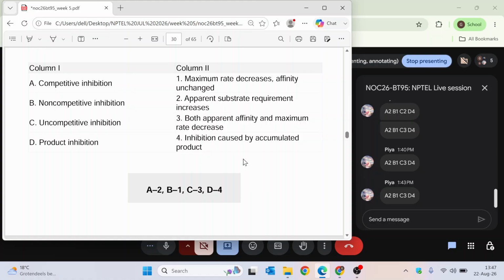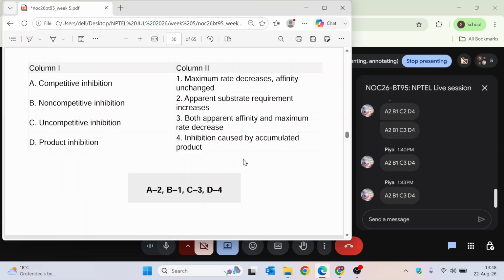And when we talk about product inhibition, inhibition is caused by accumulated product. So what we see in stationary phase maybe, because there is more product, the forward reaction is not going to be spontaneous anymore. In that case, you have to remove the product in order to make this spontaneous again.